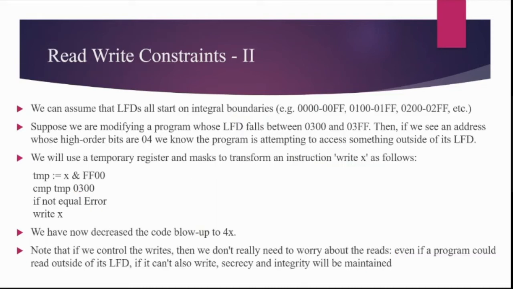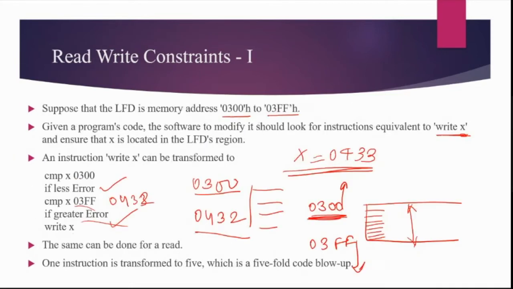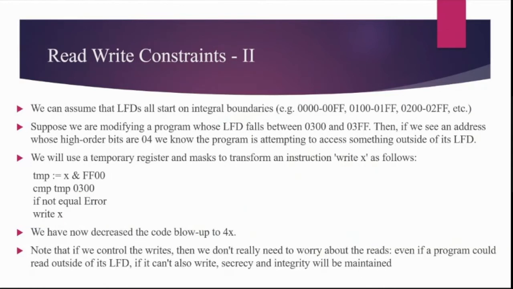So people say that, okay, don't give arbitrary logical fault domain addresses. What you can do is decide your own boundary. So suppose I will fix my fault domain. So 0100 to 01FF all belongs to one particular fault domain, and whosoever lies in that fault domain, the higher order bits of that segment are 01.